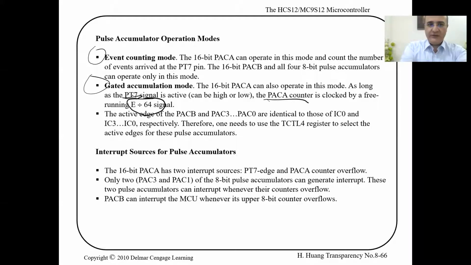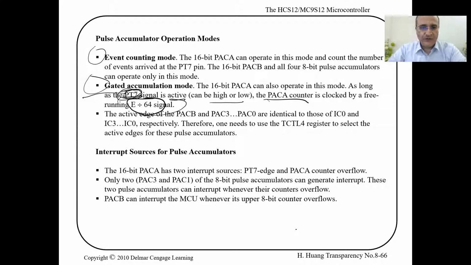When the signal on port T7 goes inactive, the counting will stop. So you have a gate. Whenever you have PT7 enabled, the counter will be counting. When it goes inactive, it will stop counting. Okay, you can use it as a timer if you want with this counting speed.